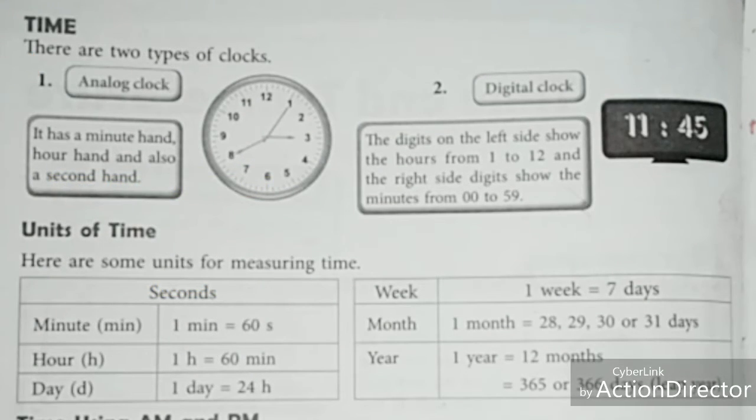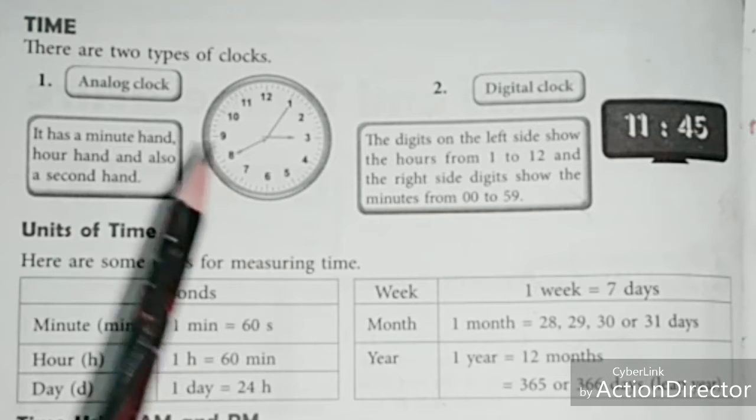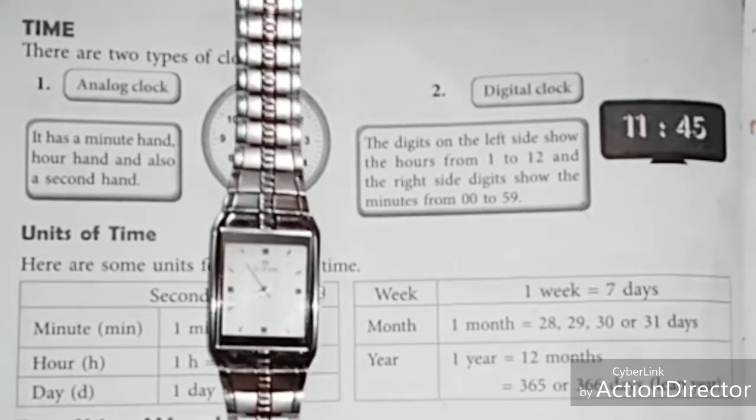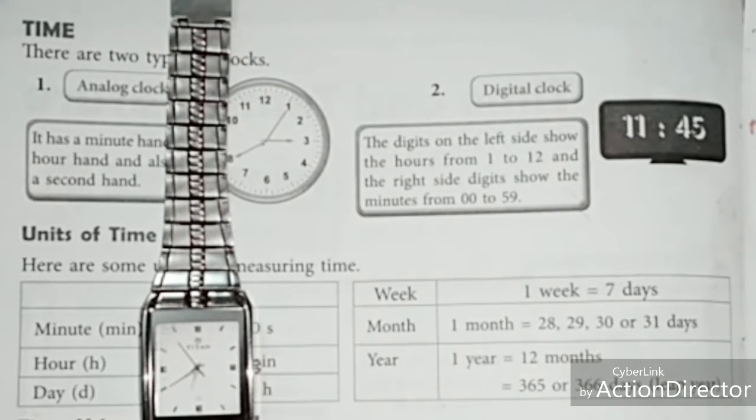Now students, here we will discuss time. There are two types of clocks: analog clock and digital clock. These types of clocks and watches are known as analog.